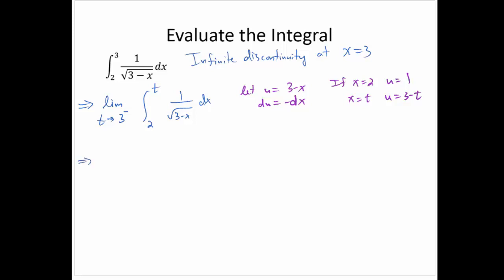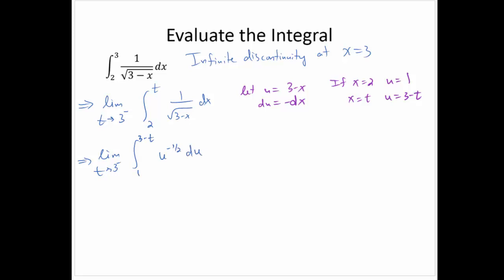So then I would have the limit as t approaches 3 from the left of the integral, switching from x to u, from 1 to 3 minus t of u to the negative 1/2 du.